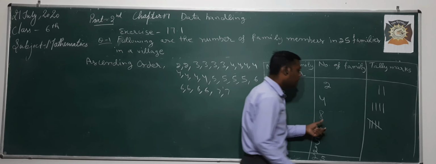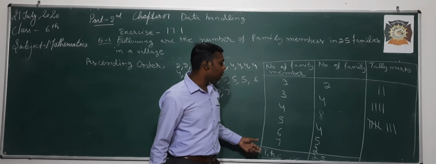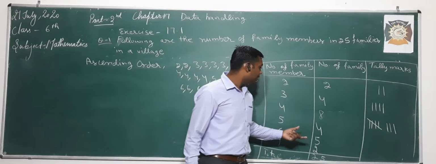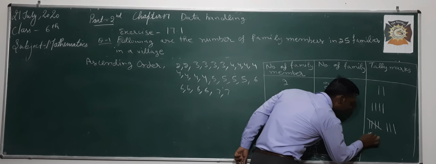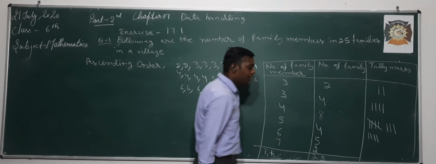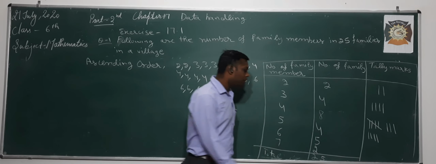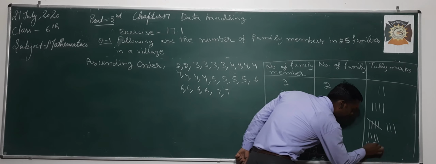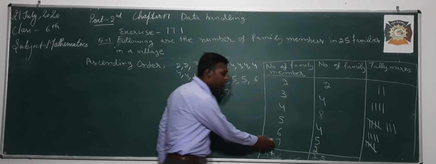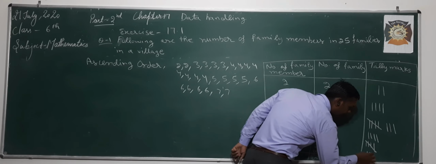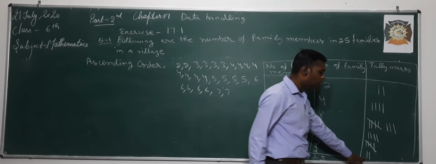This is 5, then we write 3 more lines to represent 8. Next, to represent 4, we write 4 lines. To represent 5, we write 4 lines and cross them with 1 line. And for the 7-member families, there are 2 such families, so we write the tally mark as 2 lines.